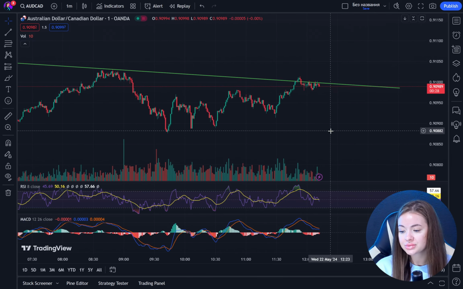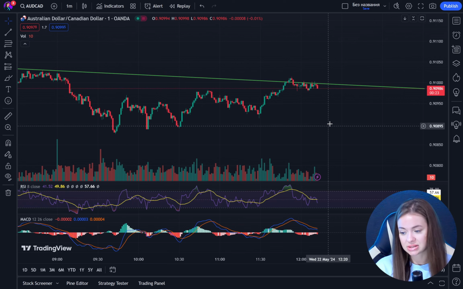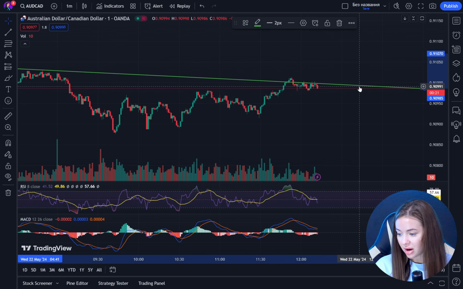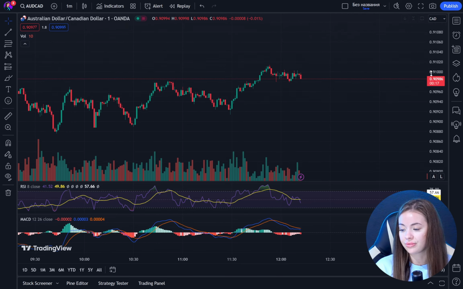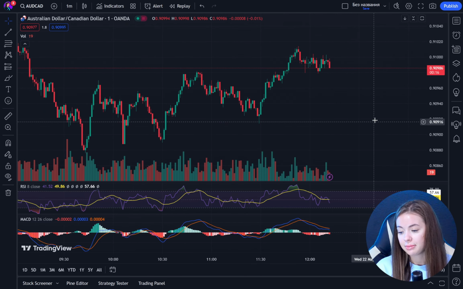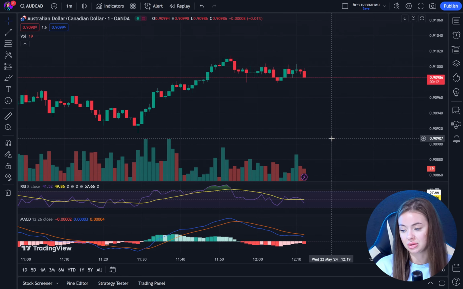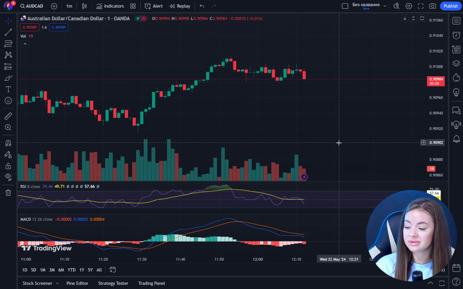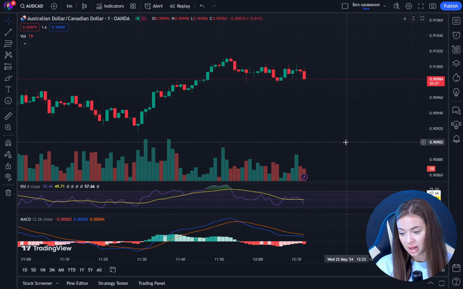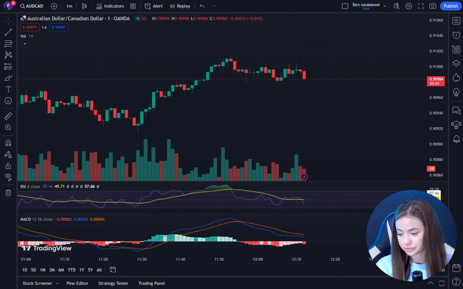Increasing trading volumes on the recent candles confirm high market participant interest in selling this currency pair. These factors together indicate a high probability of further price decline, making entering a short trade justified and logical. This is an example of how to effectively use the RSI and MACD indicators for making trading decisions.